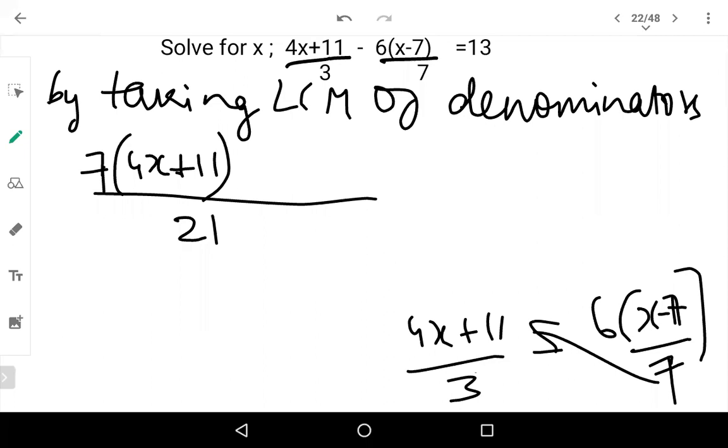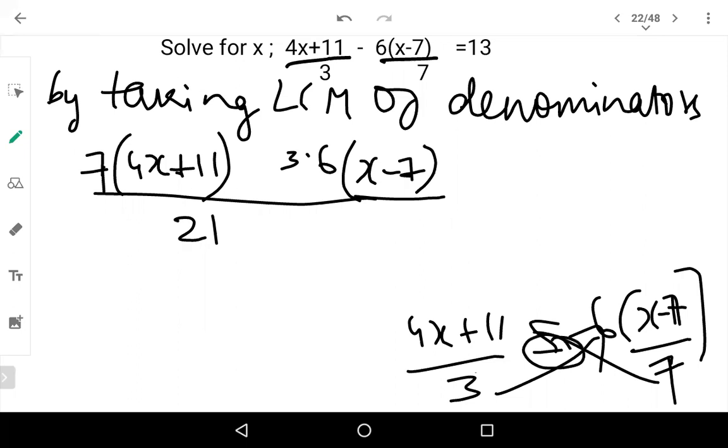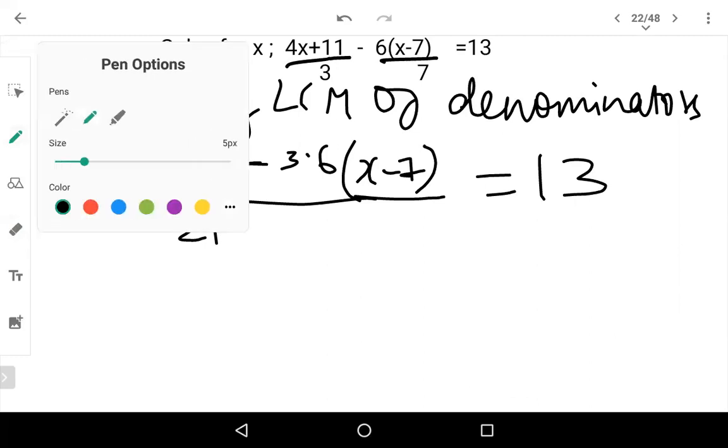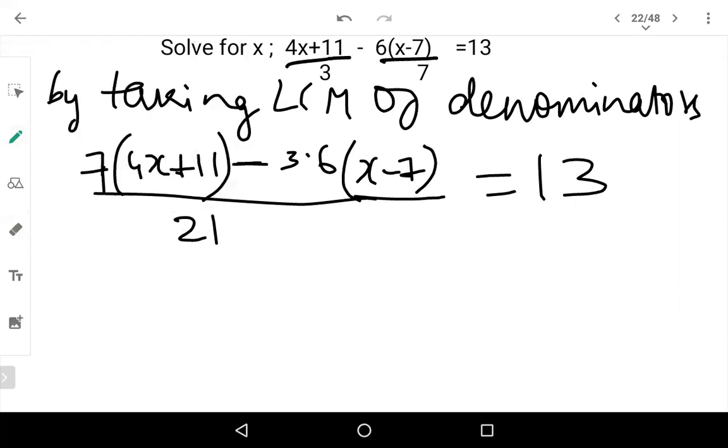Now 3 has to go to the other side. So you get 3 into 6 x minus 7. And in the center you have a minus sign. Keep the minus sign as it is. Do not change the minus sign. Is equal to 13. Did you all understand this step?